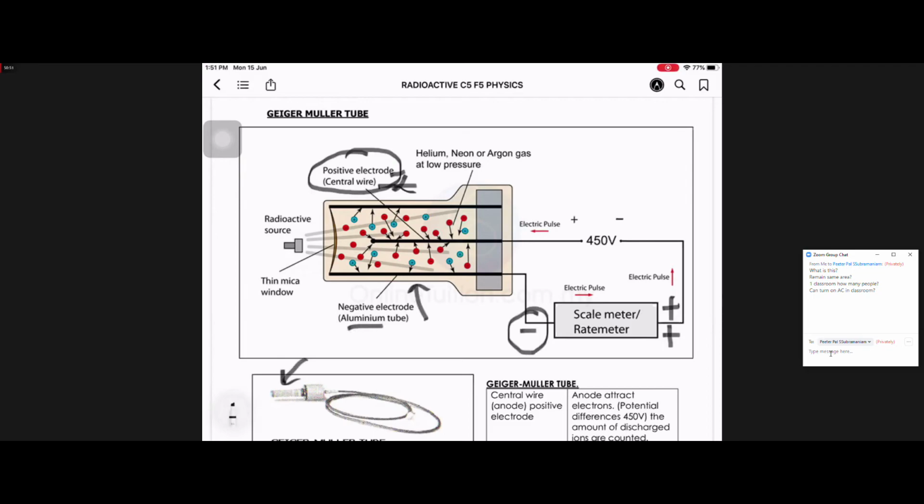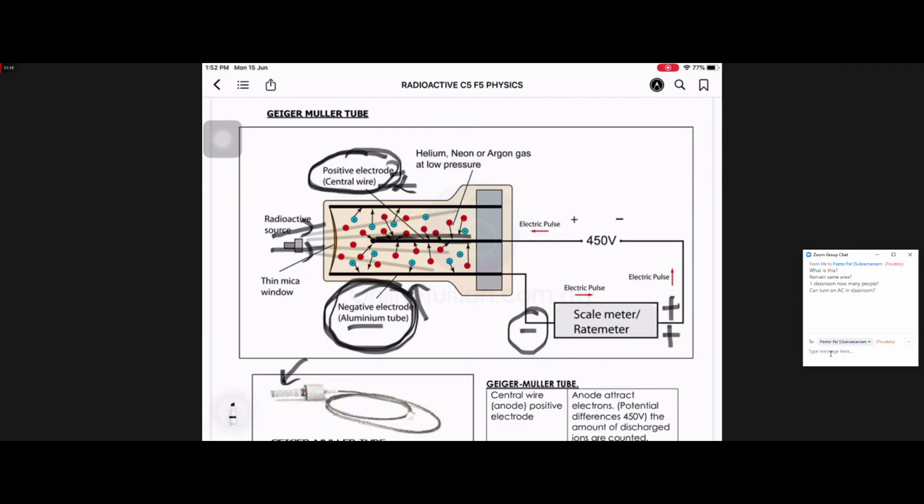So remember just now, alpha positive charge, beta negative charge, right? So when the radioactive emission enters, the positive charge of alpha is discharged by the negative electrode, and the negative beta is discharged by the central wire.